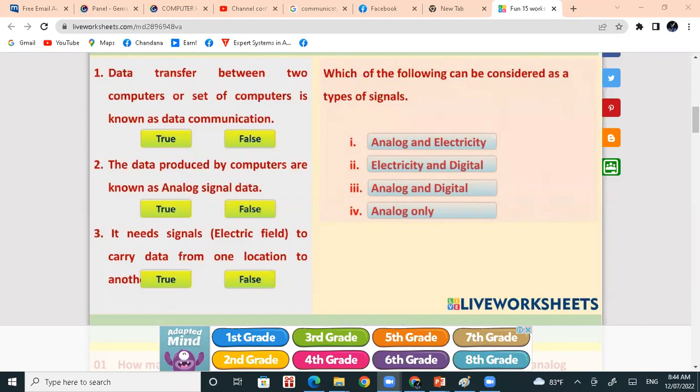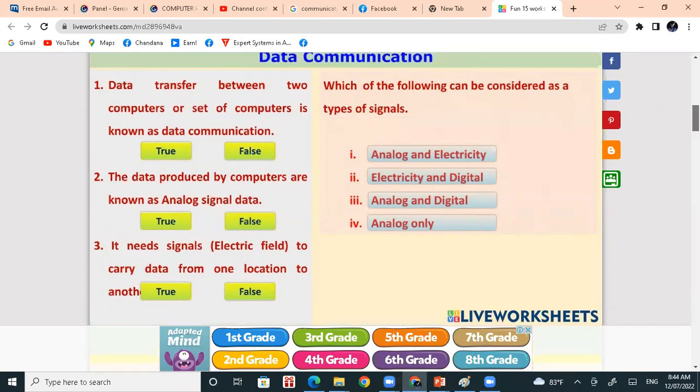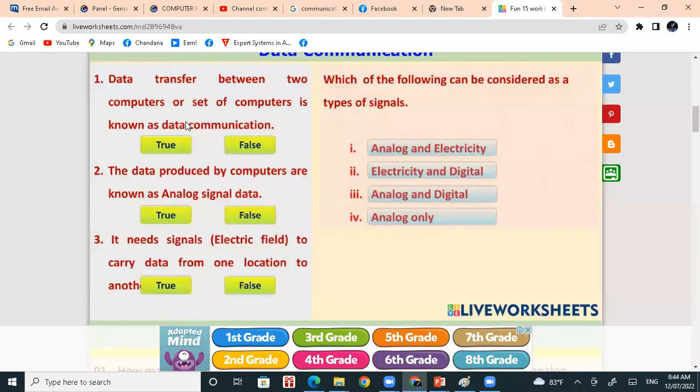You want to mark the statement as true or false. What is your answer? True, sir.